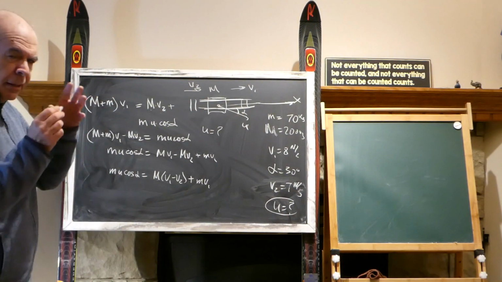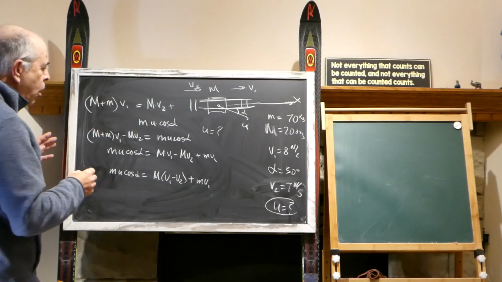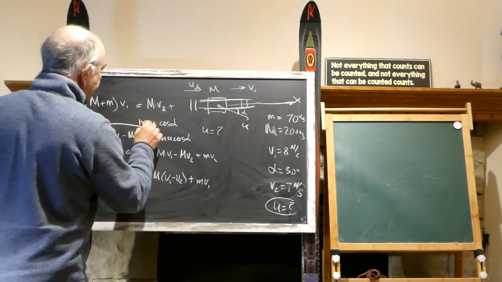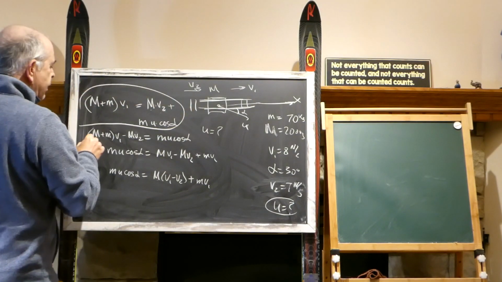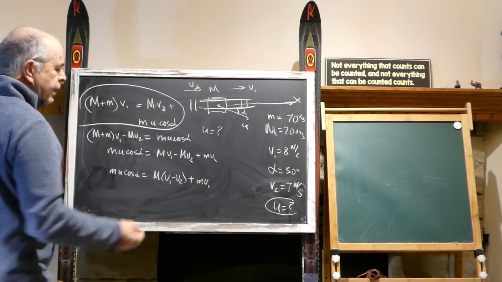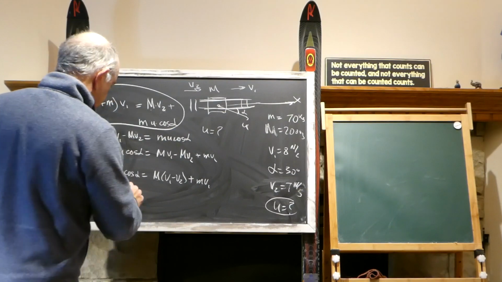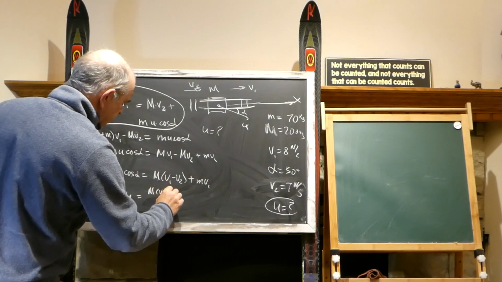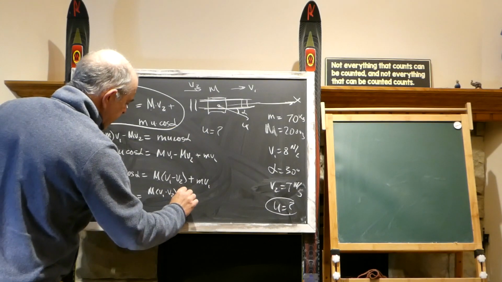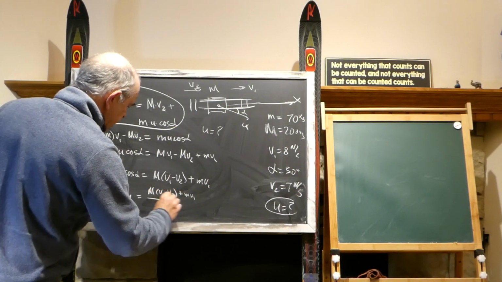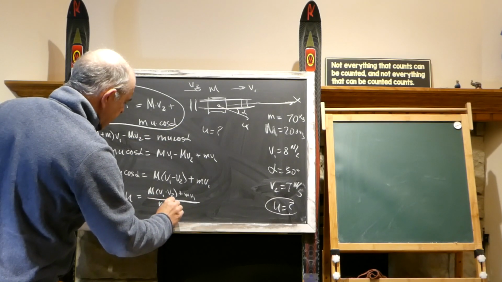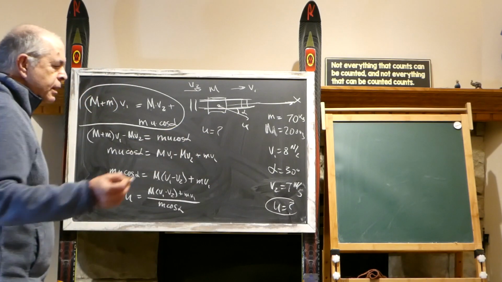It's for a little bit advanced thinking, but for now, the physics ended right here. This is where physics ends, and math starts: one equation with one unknown, and we of course can solve it. So u equals M(v1 minus v2) plus m v1, divided by m cosine alpha. And let's put in the numbers.